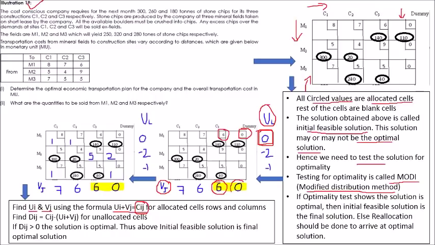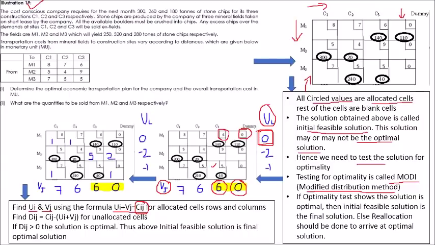So we have found one Ui value and two Vj values. Using this 0 we cannot find any other value because there are no other allocated cells here, but using this value we have an allocated cell here, so we can calculate.